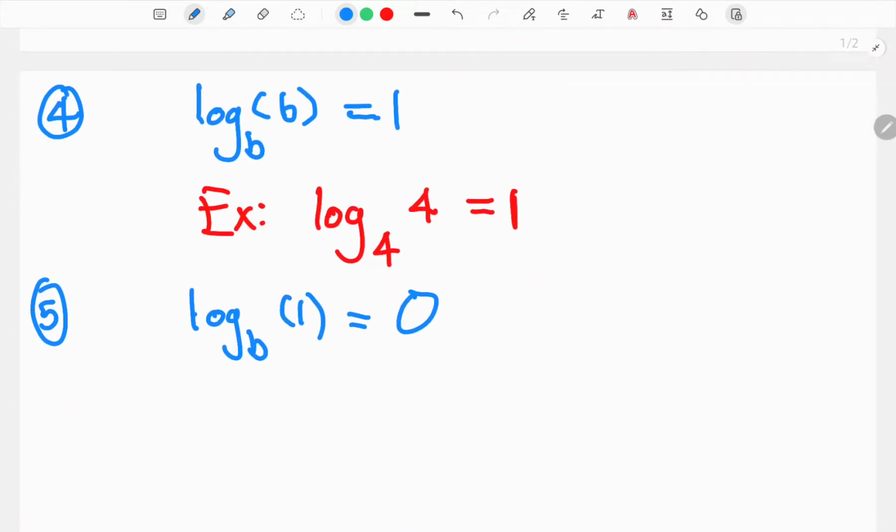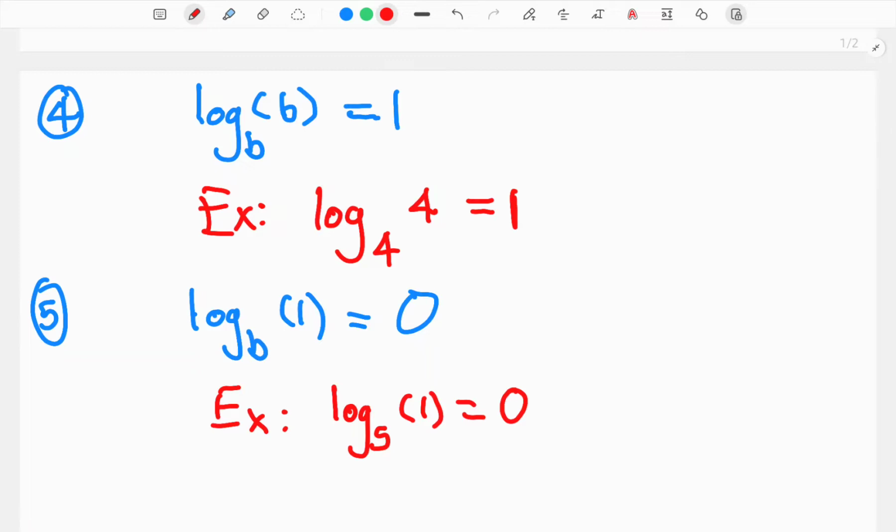A simple way to test this, you can use your calculator, punch log base 5, and then you punch 1 there. You will see that you get your answer equal to 0. It doesn't matter the number, the base doesn't matter.